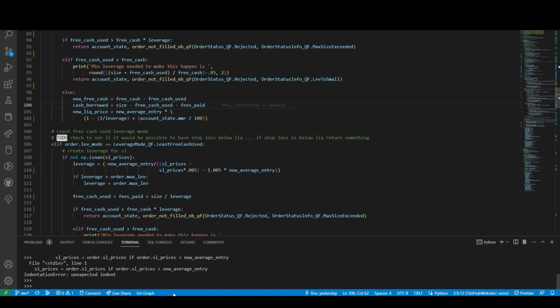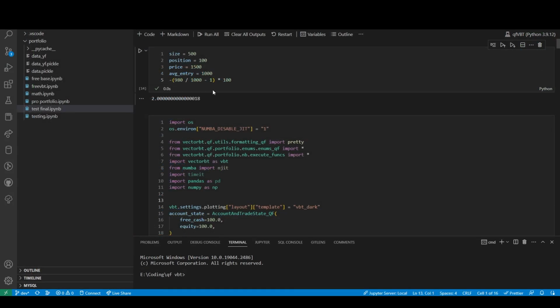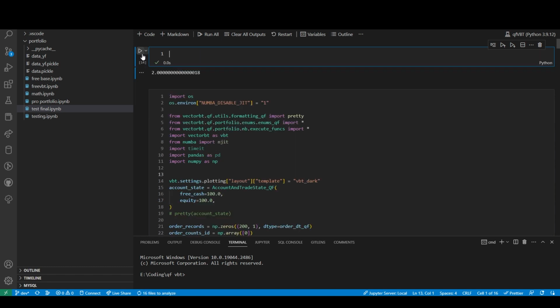I think I have to switch it. So let's do the. So this is 1 minus 1 divided by 10 plus 0.05 divided by 100. Wait, what? Oh, average entry.